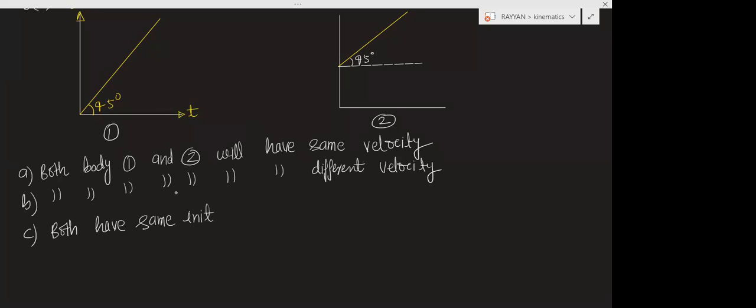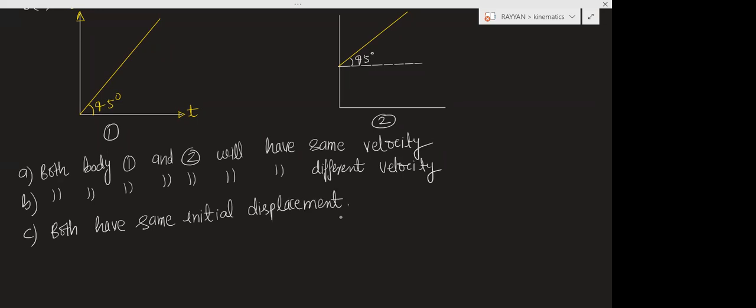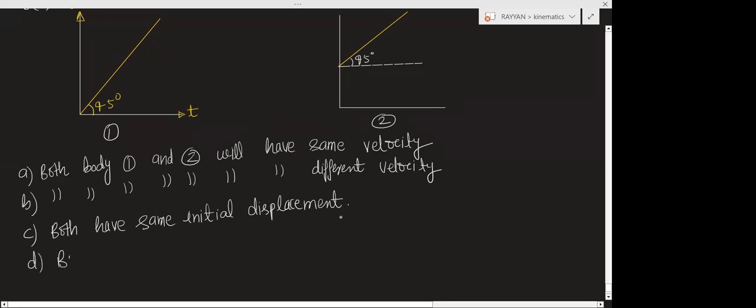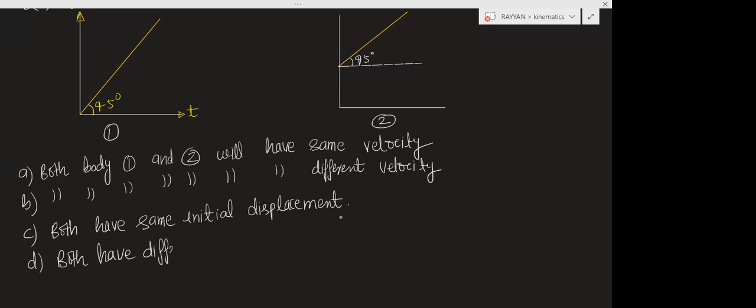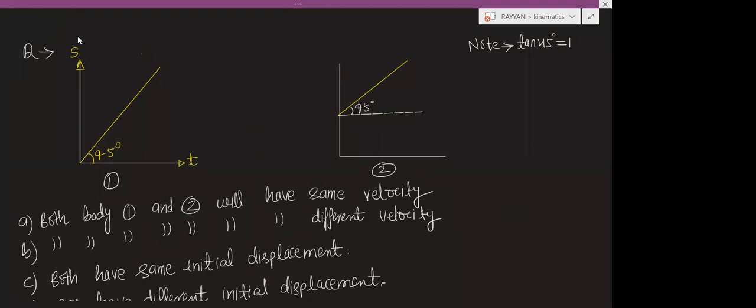Option D: both have different initial displacements. Out of these four, two options are correct, and you have to choose them.